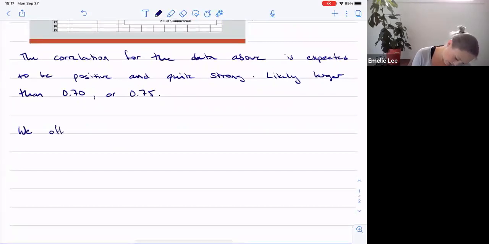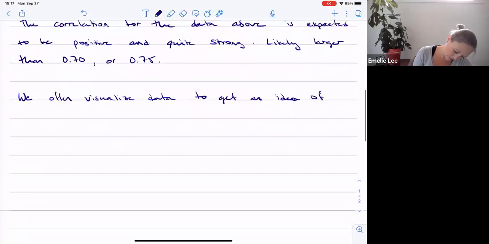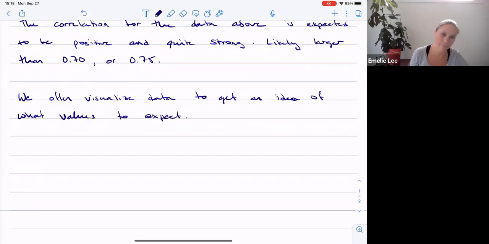We often visualize data to get an idea of what values to expect, right?